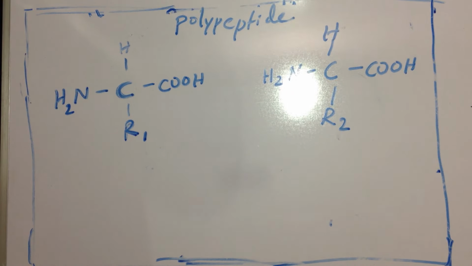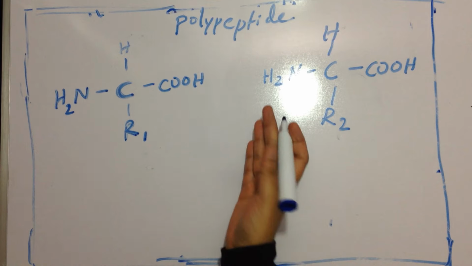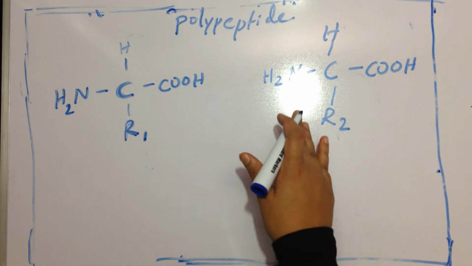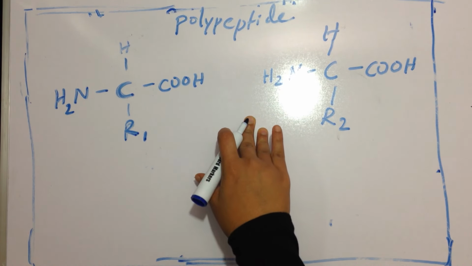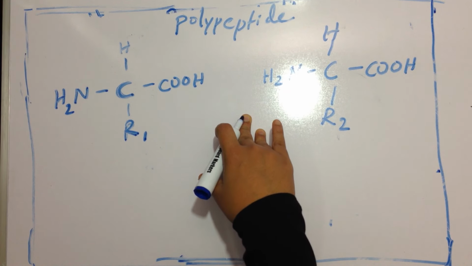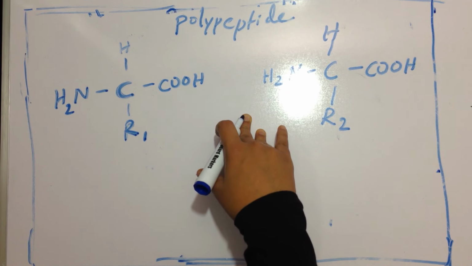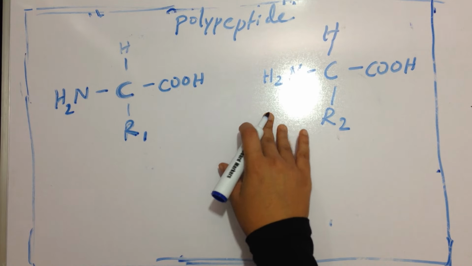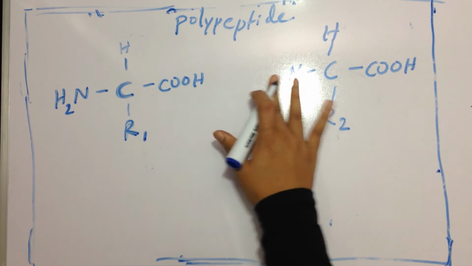In carbohydrates, when a bond forms between two monosaccharides, they undergo a condensation reaction. What does condensation reaction mean? It should lose a water molecule. So here, they will lose a water molecule.